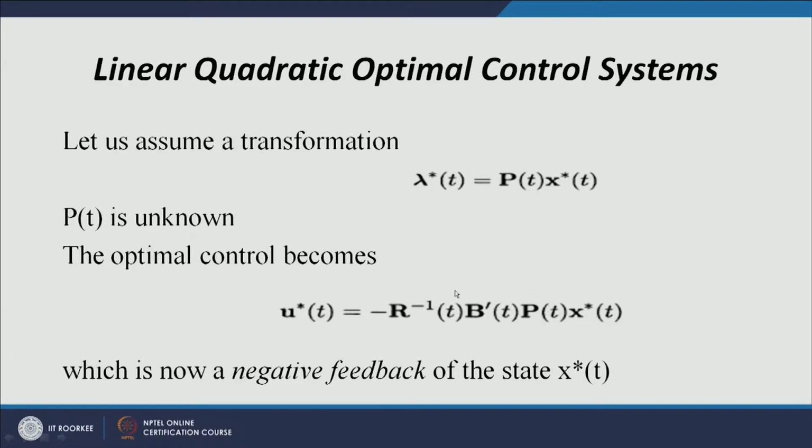So if I know the x, I can determine R inverse B prime P, so I can feed back. If you recall, in the previous lecture in a linear quadratic problem my control law was u equal to minus Kx. So this R inverse B prime P will be nothing but K. By this transformation I can transform my system into a simple linear feedback system.